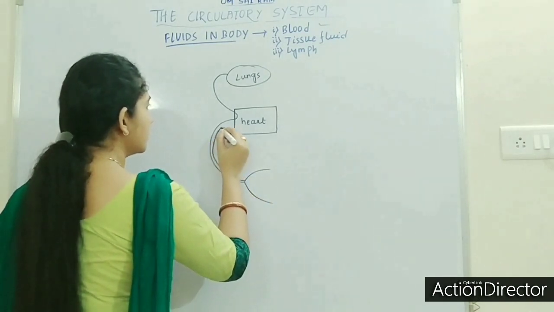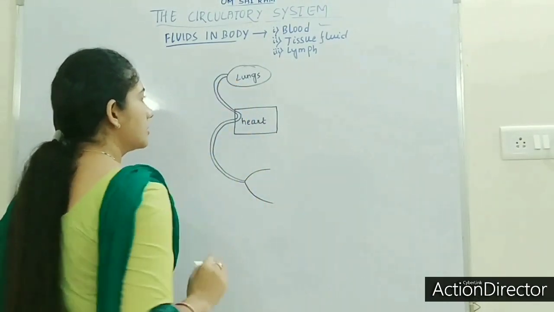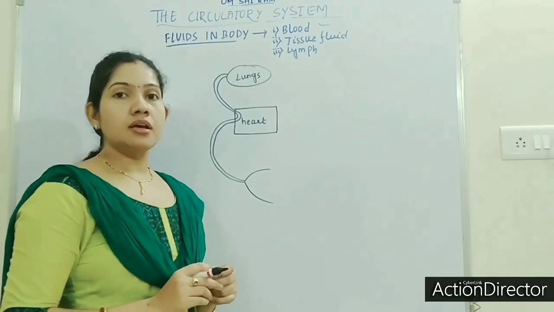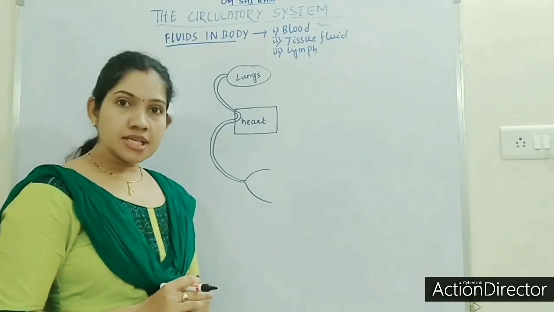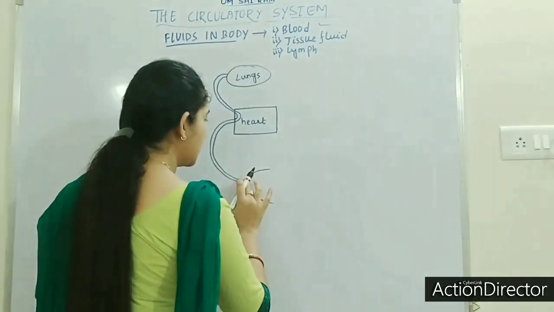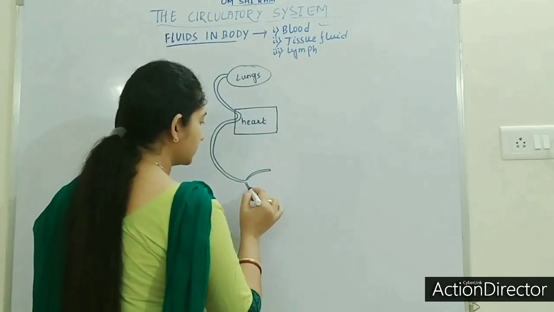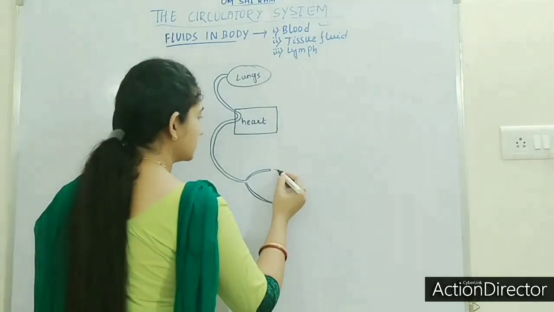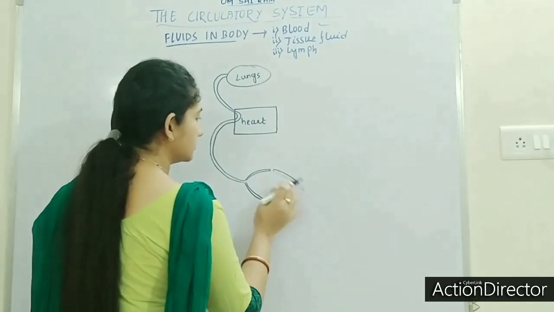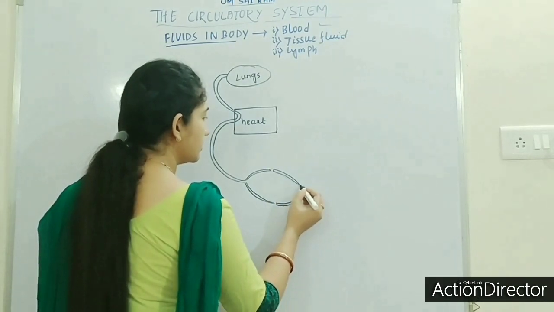This is the blood vessel. Okay. And I hope you all know how many types of blood vessels there are in the human body: veins, arteries and capillaries. Already you have done this topic in your earlier classes. Okay. So this is the vein. And this is the artery. Okay.